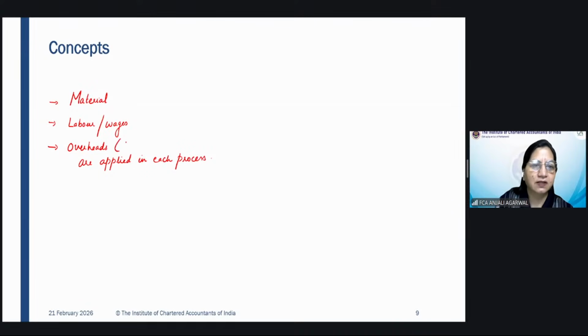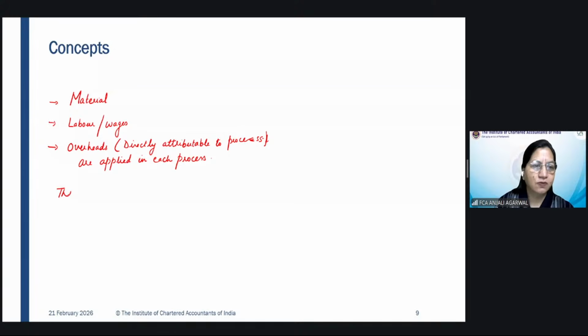These overheads are directly attributable to the process. So you know that these are the overheads and they belong only to this process. If it is overheads of process 1, it will be charged to process 1. If it is an overhead of process 2, it will be charged to process 2. If it is an overhead of process 3, it will be charged to process 3.